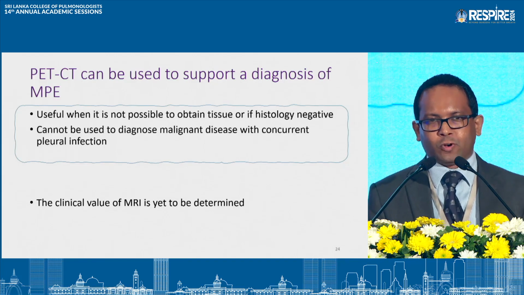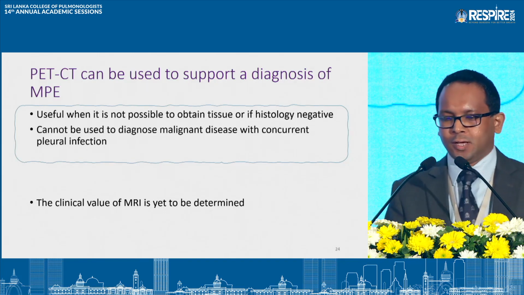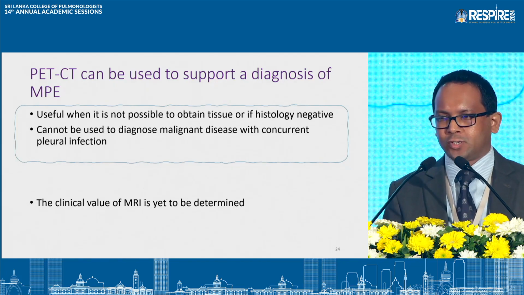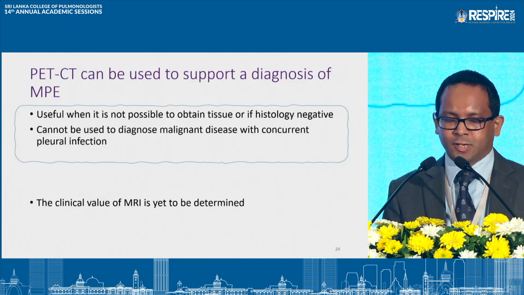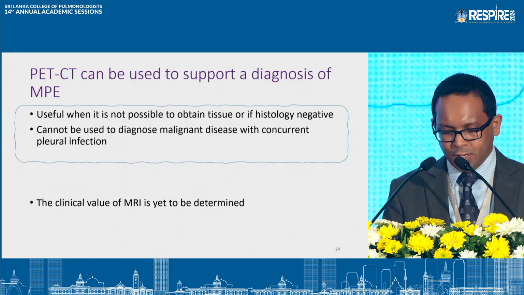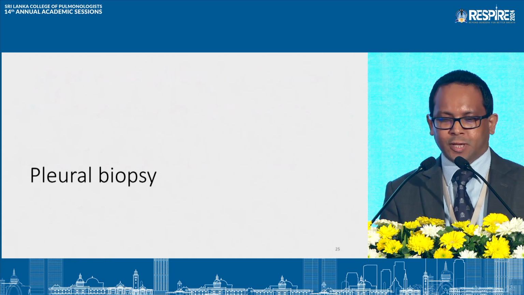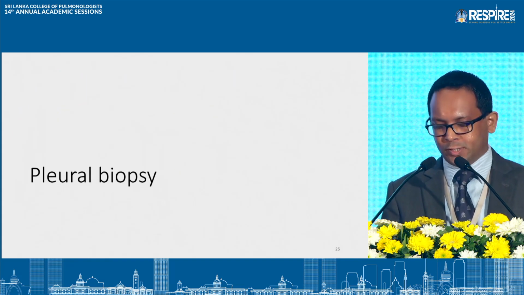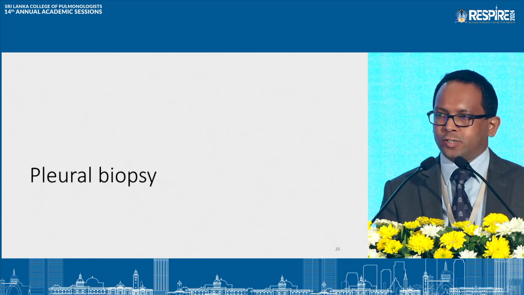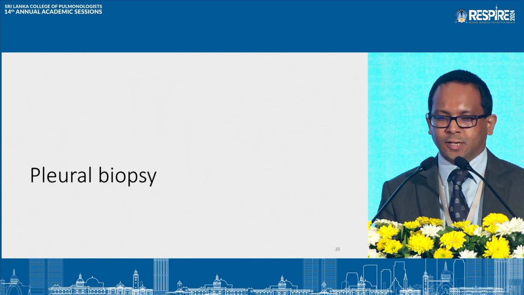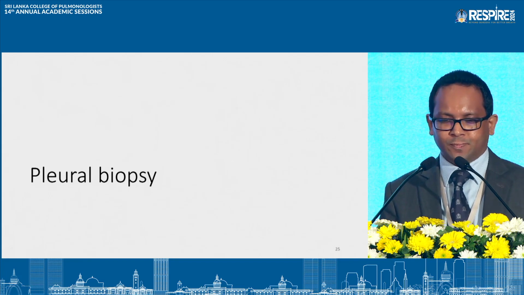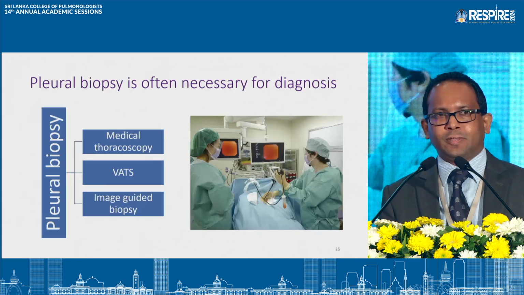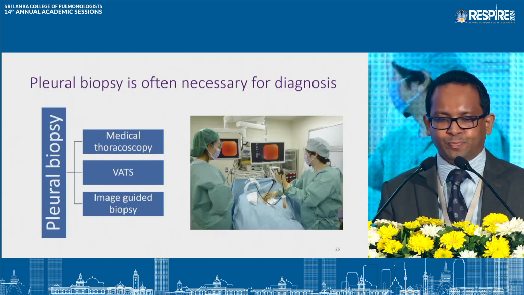Now, we've talked about history, examination, pleural aspiration, pleural cytology, investigations for TB, and imaging. But in some cases, we do need to go for pleural biopsy to obtain tissue for histology and tuberculosis as well. So there are several methods to obtain tissue.